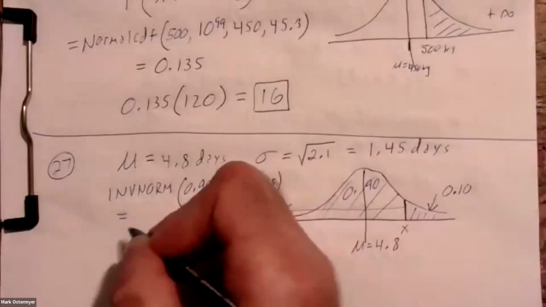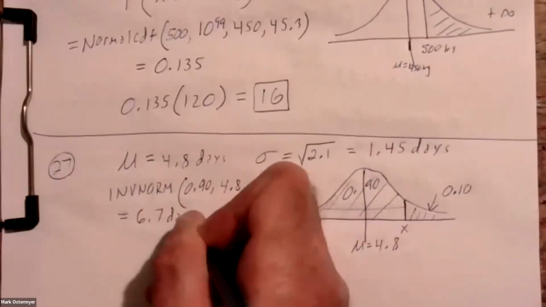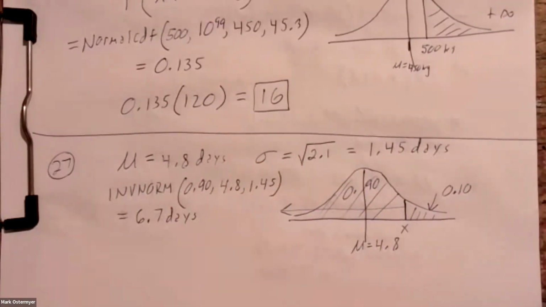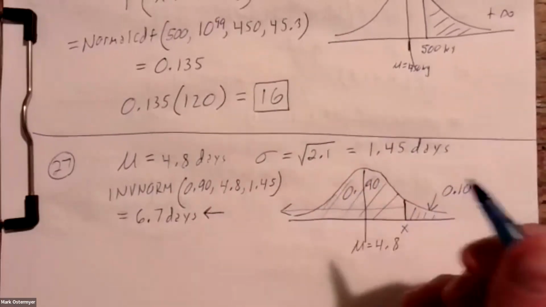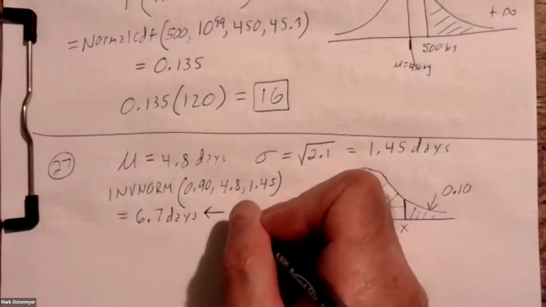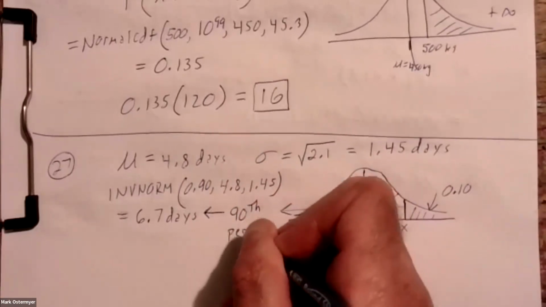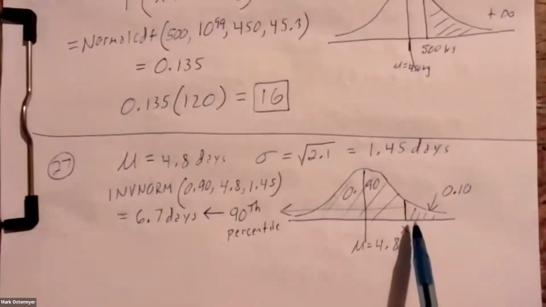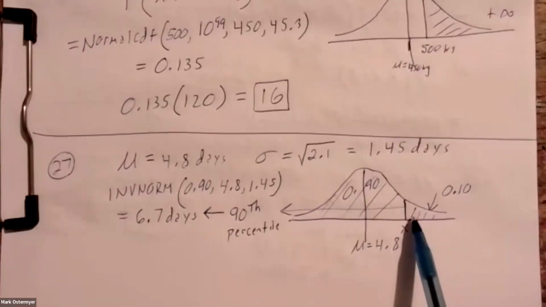So this is about equal to about 6.7 days. So, ladies and gentlemen, we would call 6.7 days the length of a stay after a diagnosis. We would call that the 90th percentile of all stays. That's called the 90th percentile because 90% of the stays are less than 6.7 days. 10% are greater than 6.7 days.